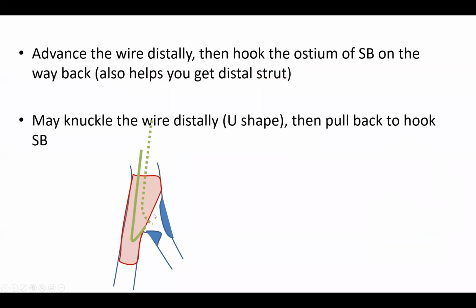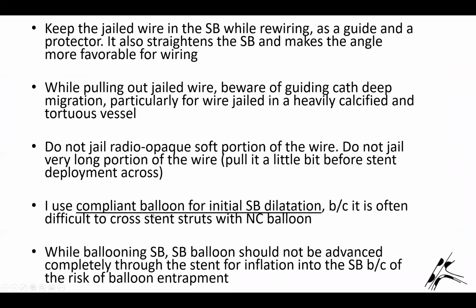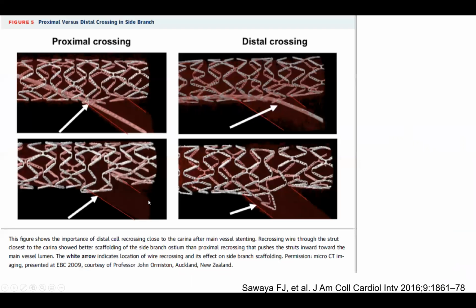The first idea I want to tell you, do not obsess with that. I know every meeting you go to, every algorithm, every textbook, they are obsessed with this. In my experience, the most difficult thing is to wire that side branch in any way you can, not behind the struts. If you get this, that's great. Take what you get. That's my most important advice here.